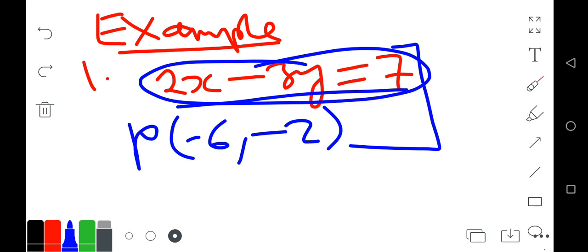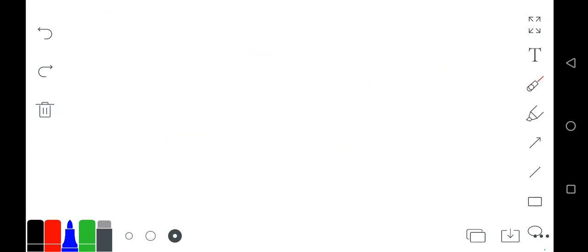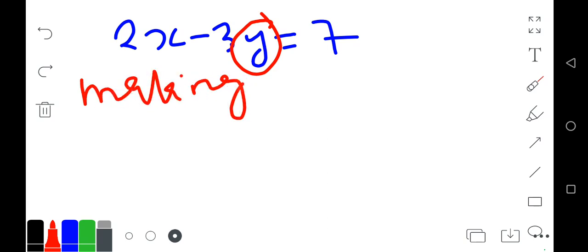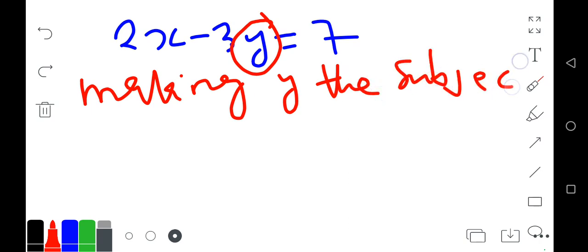If this line is parallel to the line that has the point negative 6, negative 2, then we take 2x minus 3y equals 7 and find y by making y the subject of the formula.